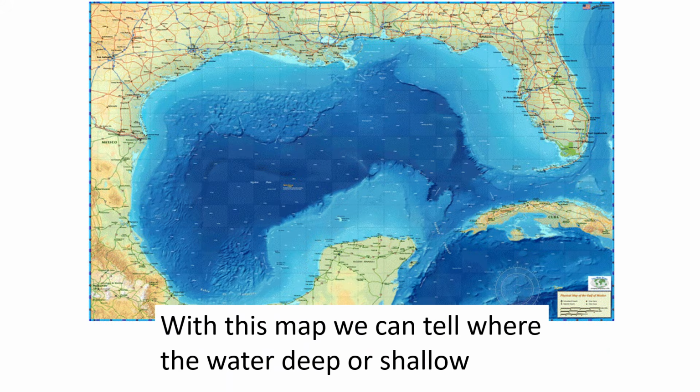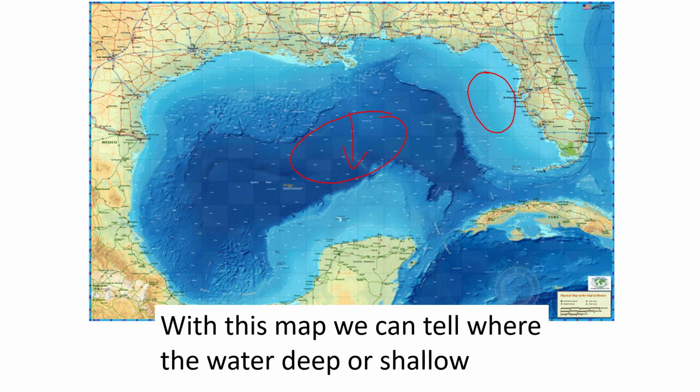So once again, a physical map is any map that shows us what it is physically like at a given location on the planet. Now with this type of map, I can look at the ocean and I can get a sense of where is the ocean deep. Kind of see right here, that's deeper water. And yet right here, we can tell it is more shallow water. So we still get a sense of what the land is like at that particular location.